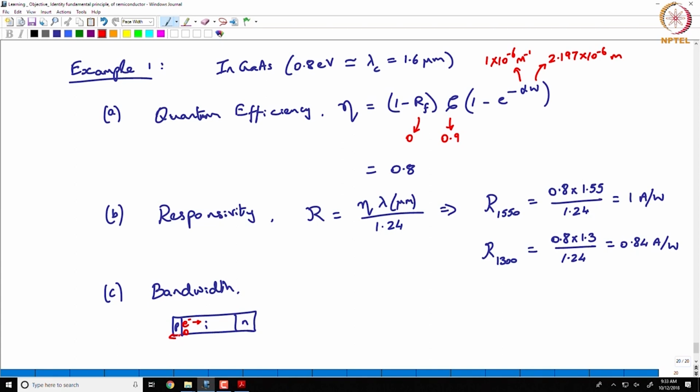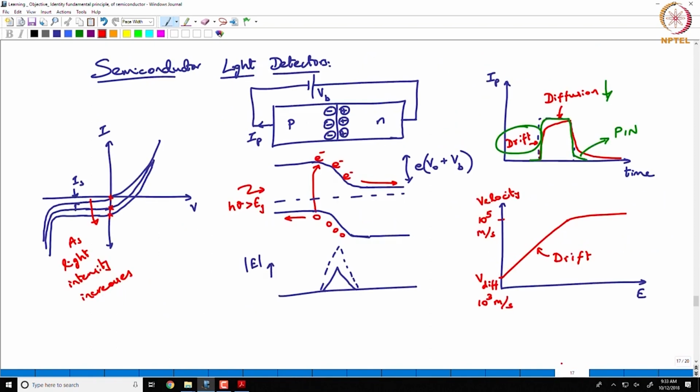The other limitation is, like we talked about over here, when we have a pulse incident on this photodiode, you want this to immediately rise up, and when the pulse is going off, you want it to immediately come down, right.